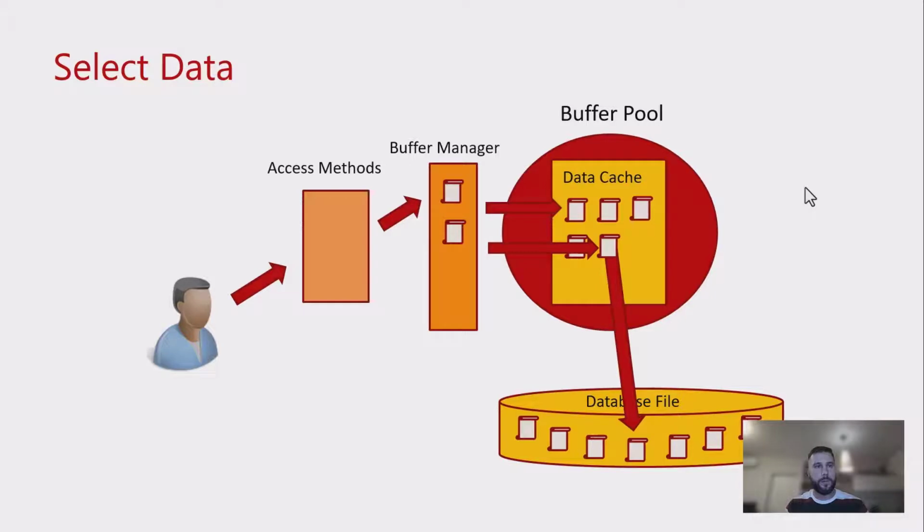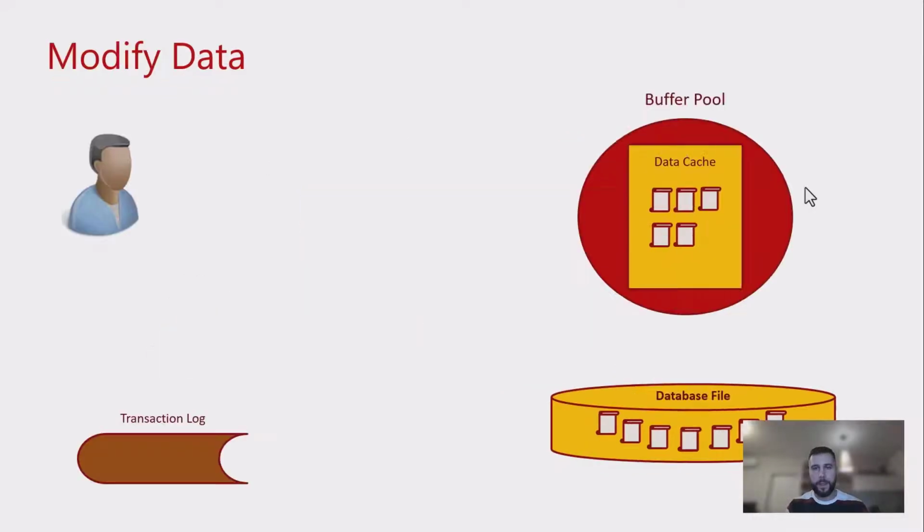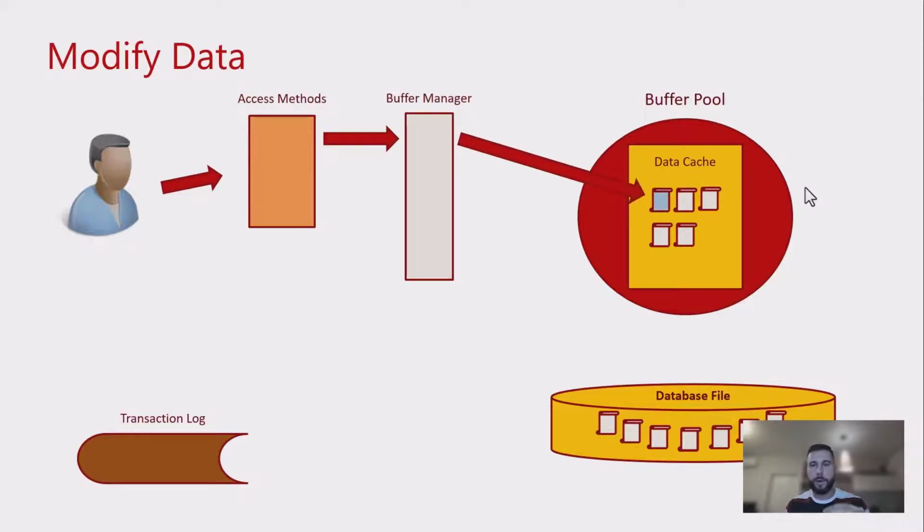But what if we need to modify the data? In this case, we have one more component in our schema, which is called the transaction log. So the access path is the same: access methods, buffer manager, buffer pool, and the data is modified in the data cache. After that, the log manager component is called, and the purpose of the log manager is to persist the data.